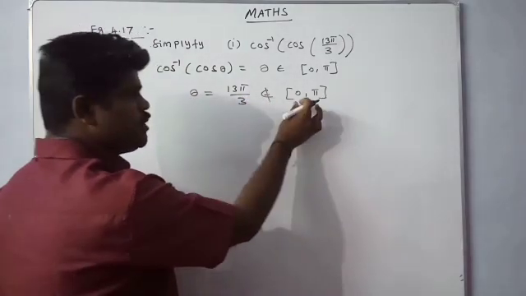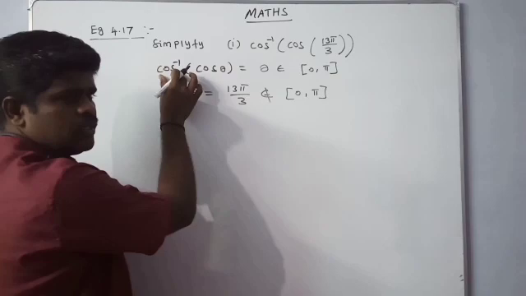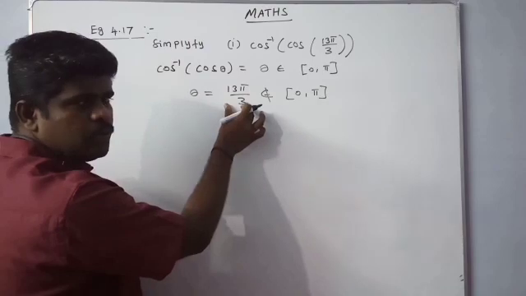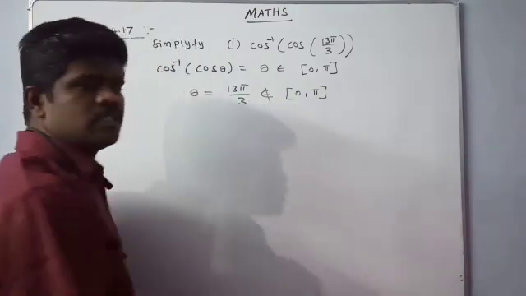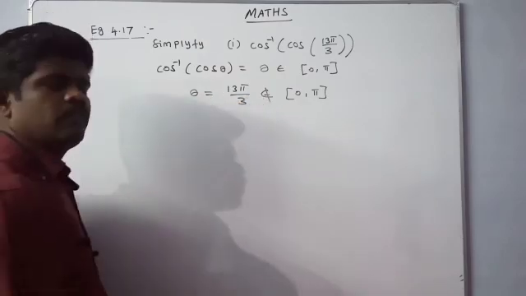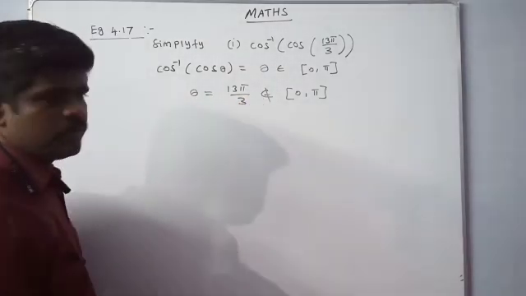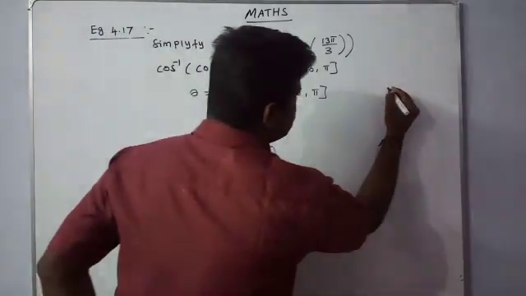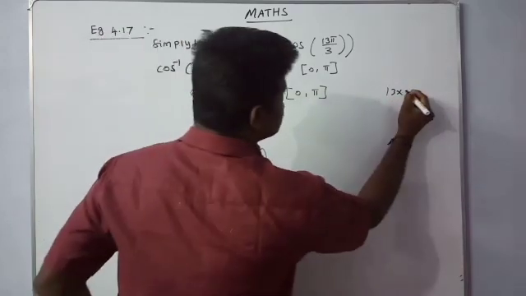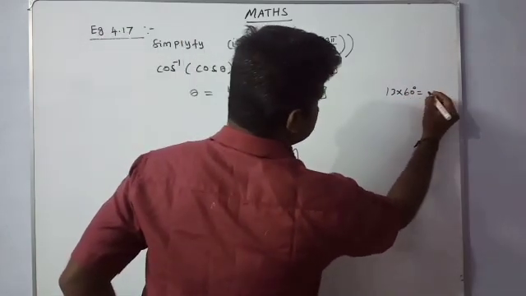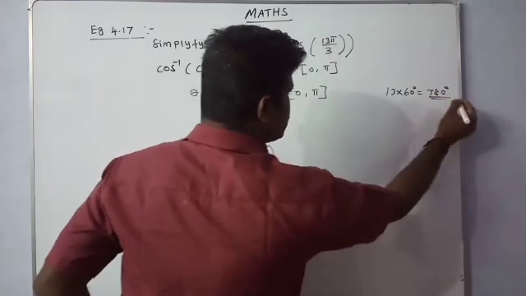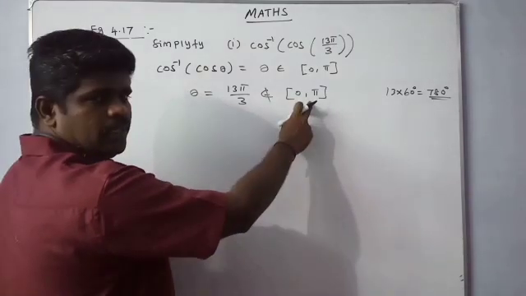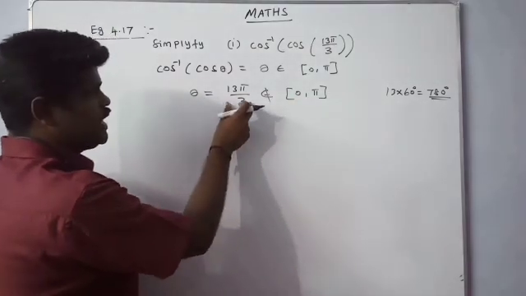If theta lies in the range of the corresponding trigonometric function, we can write the result directly. Suppose theta does not belong to that range, then we cannot write the value directly. 0 to pi means 0 to 180 degrees. 13 pi by 3 means 13 into 60 degrees, so this is 780 degrees, which does not belong to 0 to pi. That's why we could not write the result directly.